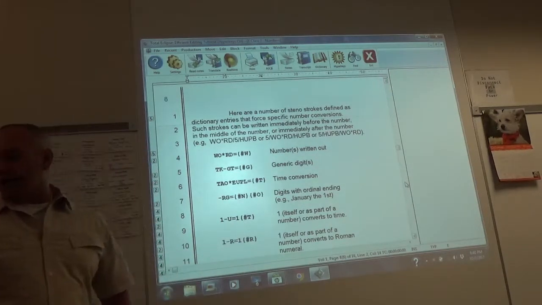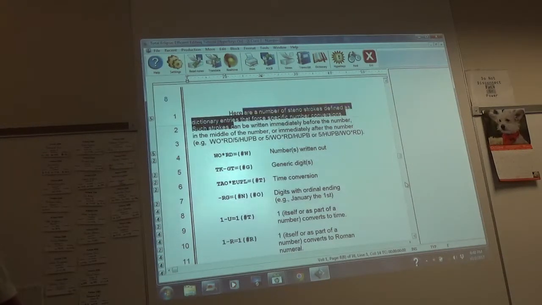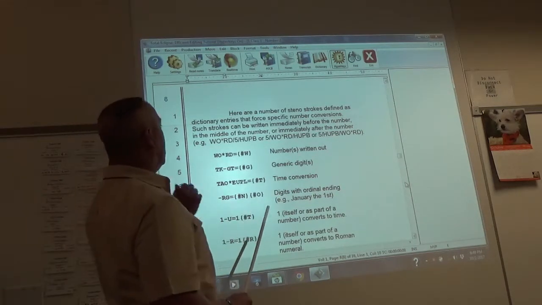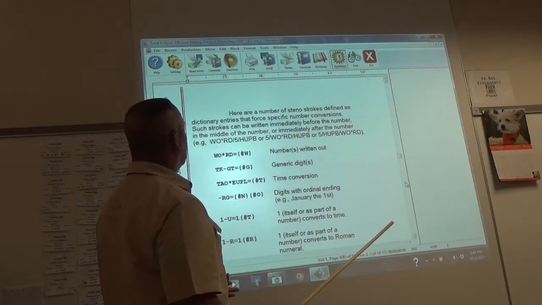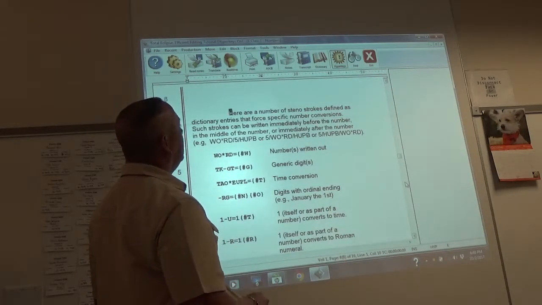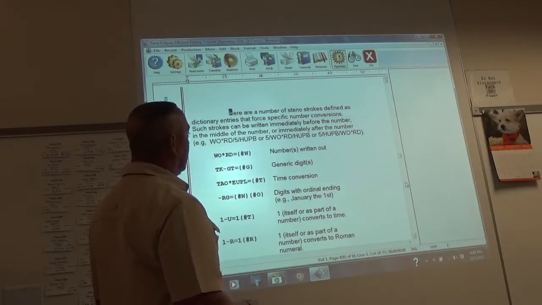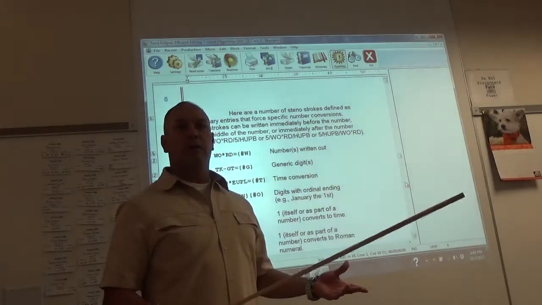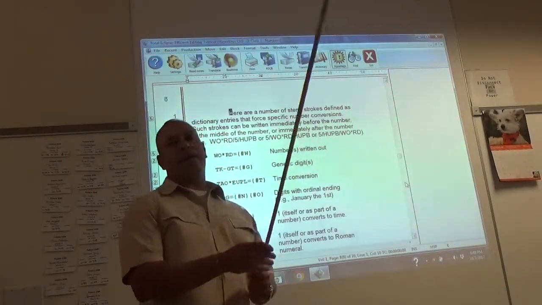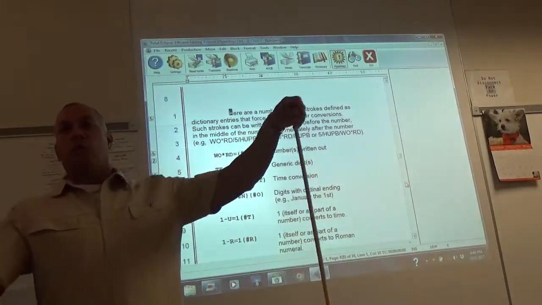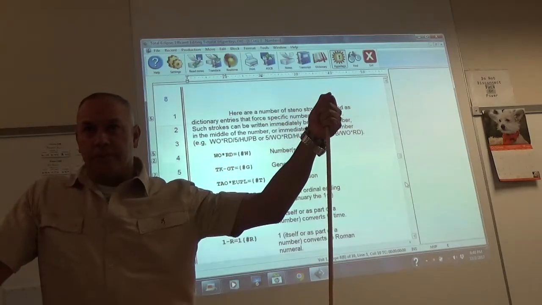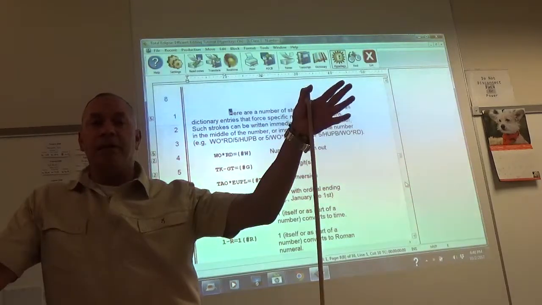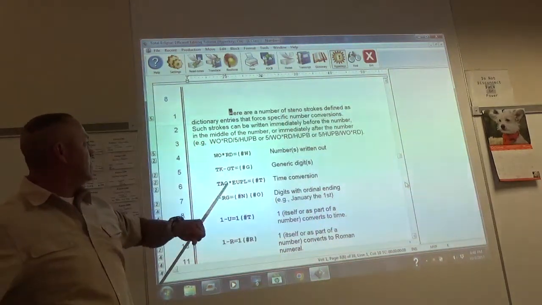Now they're going to talk about different strokes. Here are number strokes defined as dictionary entries that force specific number conversions. Such strokes can be written immediately before the number, in the middle of the number, or immediately after the number to change it. Okay? So say they say, what time did you go to the store? And you say 5. And you know that it's time, all you have to do is this.